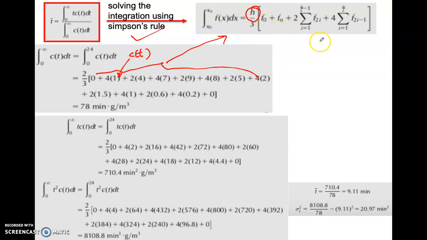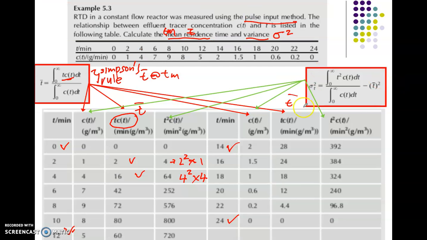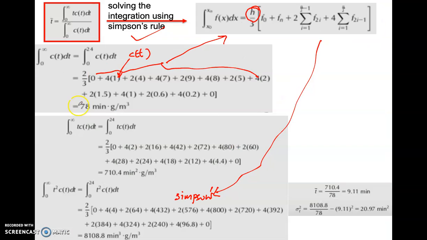Then you solve for variance following this formula, and this formula for T bar.